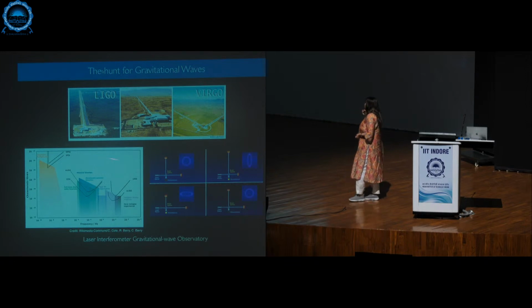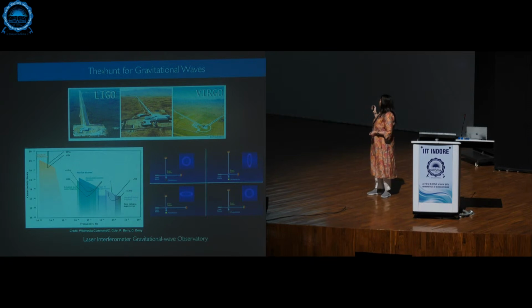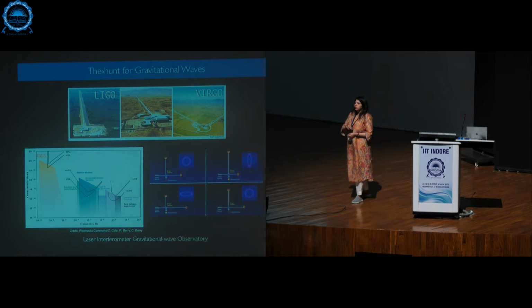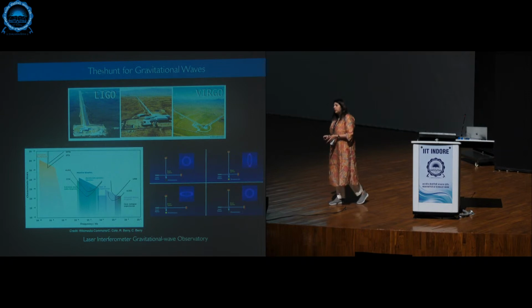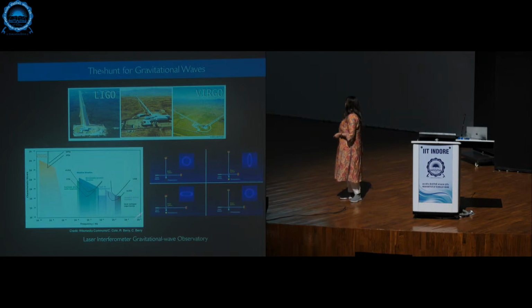Here you can see the LIGO detectors, the Laser Interferometric Gravitational Wave Observatory, in Hanford and Livingston, and the Virgo detector, which is at the border of France and Italy. And of course there were some other detectors like GEO in Germany and TAMA in Japan. All of them were looking for these gravitational wave sources in different bands from different astrophysical sources.